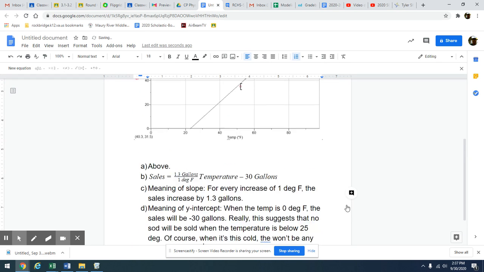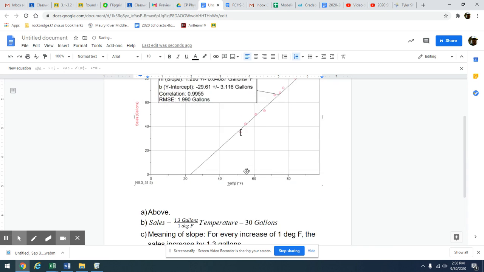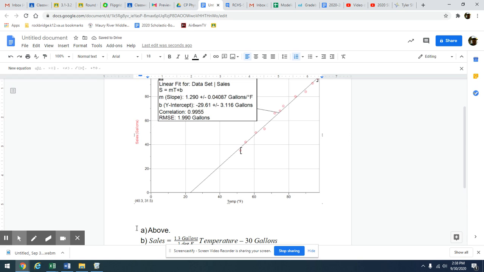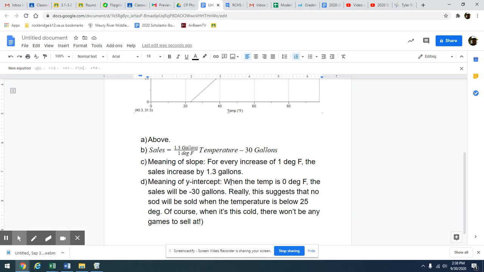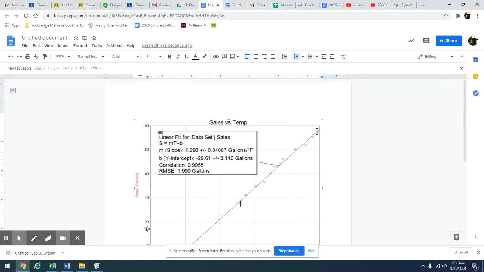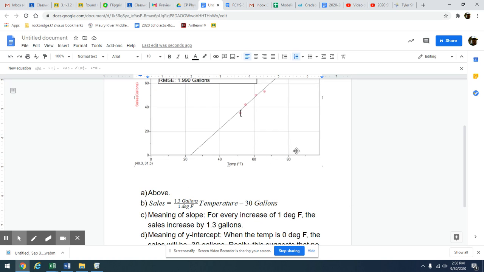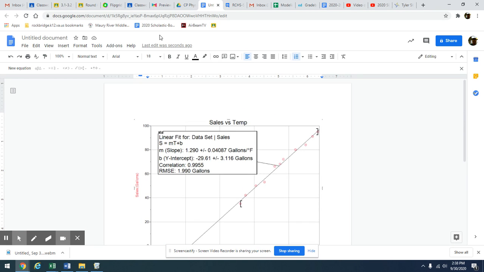So here, the y-intercept doesn't make so much sense. The x-intercept kind of makes a little more sense, that you're going to stop selling stuff when it gets cold. But that's how we interpret that. So I won't give you one on the test that's as tricky to interpret as that. I'll give you one where it just hits the y-axis and it's like, hey, when this is 0, how much of this you got? All right, there you go. There's a video for LoggerPro doing number 5.